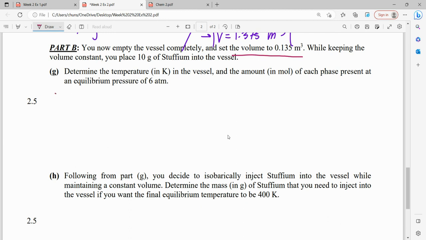So the volume is equal to 0.135 meters cubed. The mass is equal to 0.01 kilograms. Pressure is equal to 6 atm. So let's find our temperature.